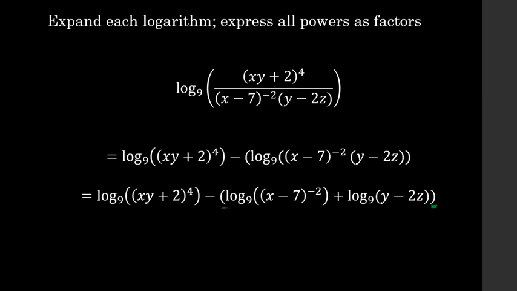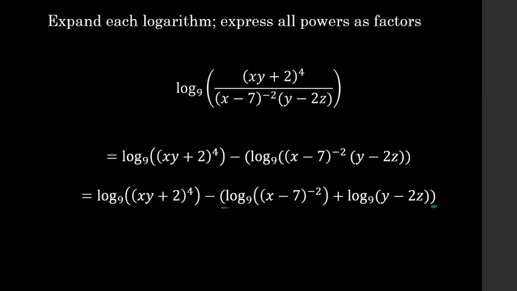So be very, very careful when you see something like that. If you have the product of two things on the bottom of what's inside of your log, when you use that quotient property, that minus sign is going to be multiplied into both things that were on the bottom.